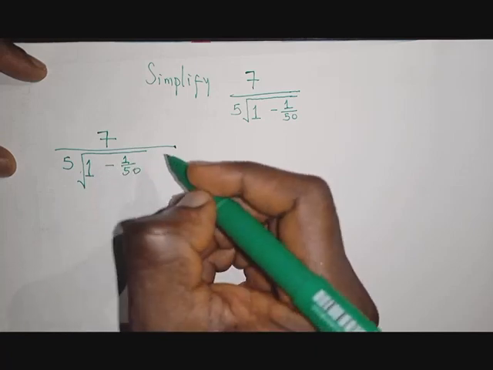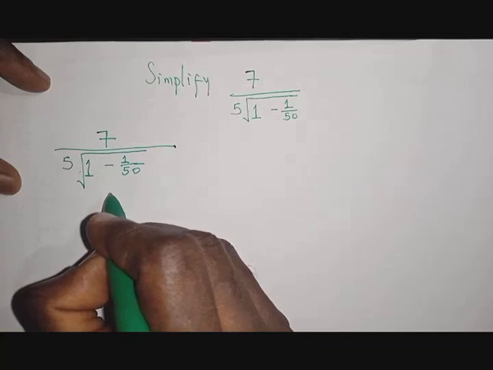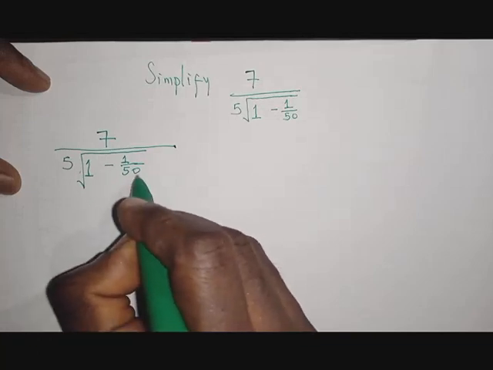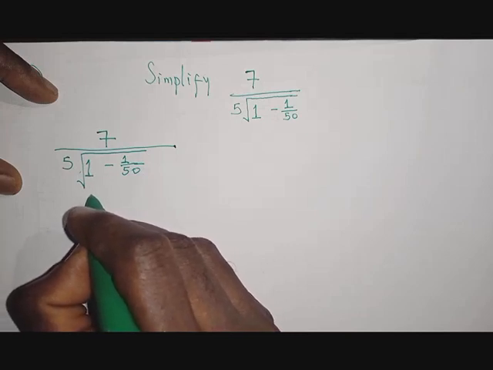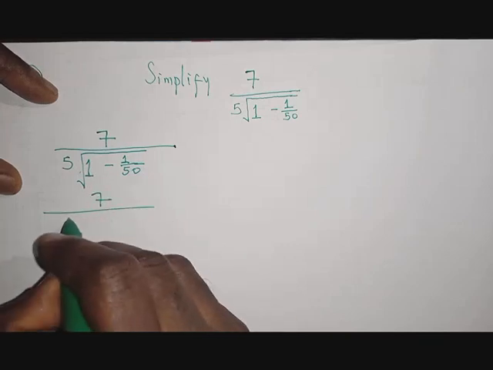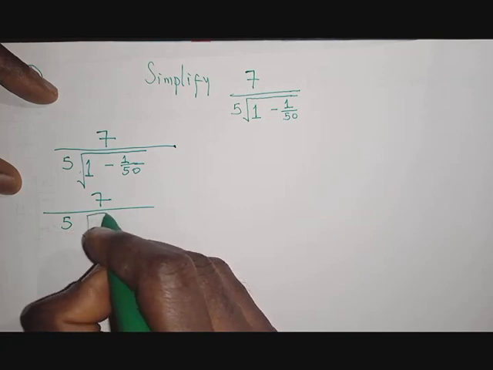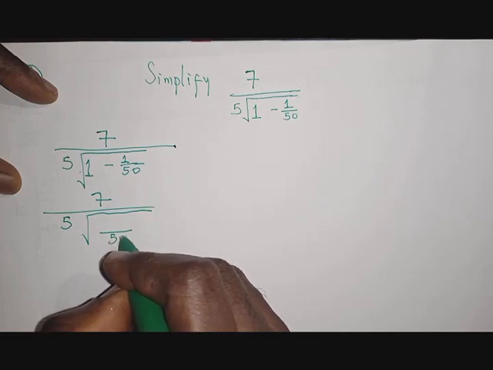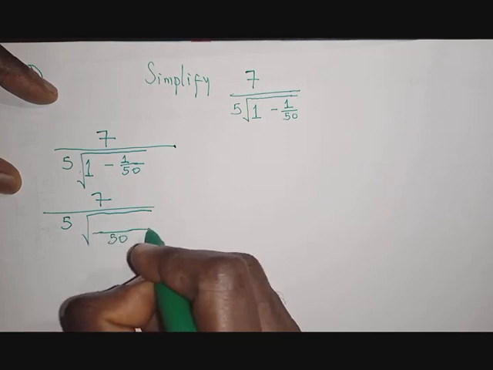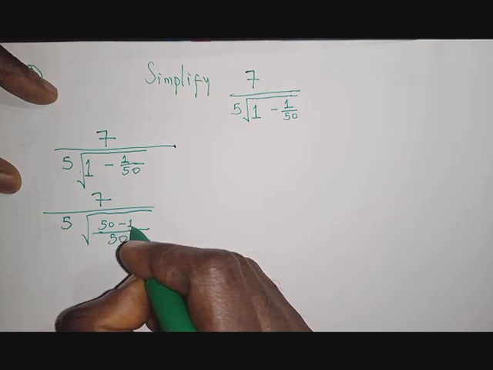So we have a fraction inside this square root. I can simply try to make it a single fraction. The LCM of 1 and 50, of course, is 50. So this becomes 50 minus 1.